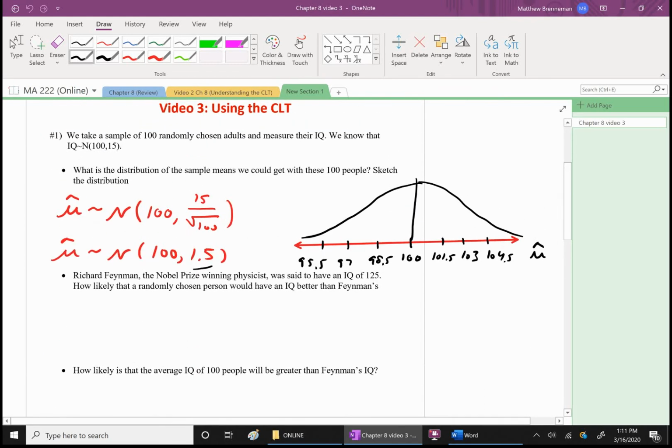Now, Richard Feynman, who was a Nobel Prize winning physicist, had an IQ of 125. And we want to know how likely is it that a randomly chosen person would have an IQ that was better than Feynman's. Okay, first of all, let's think about what's going on. So we're just looking purely at IQ here, right? We're not looking at any sample averages.